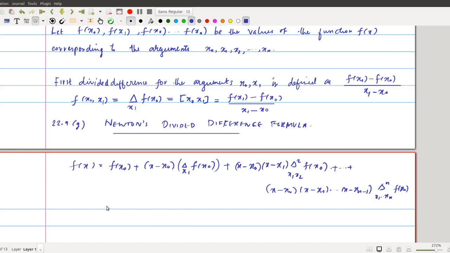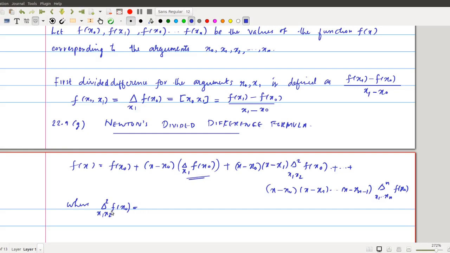Here we define this delta square x1 x2 of f of x naught. We know that delta x1 f of x naught is f of x1 minus f of x naught divided by x1 minus x naught.